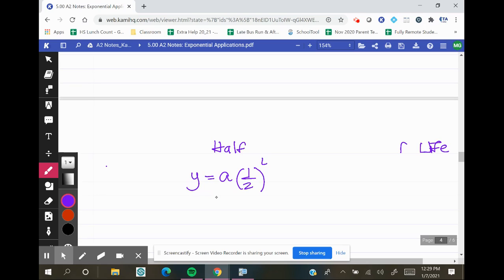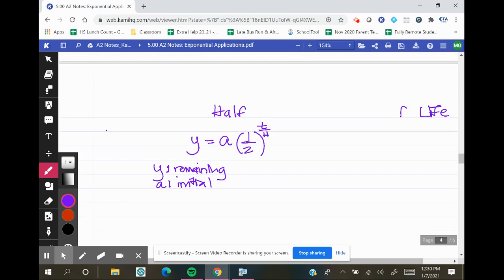I always remember this as raised to the half-life, t over h. So y is how much you have remaining. A is still your initial amount. And t is your time, so how long you're looking at it.